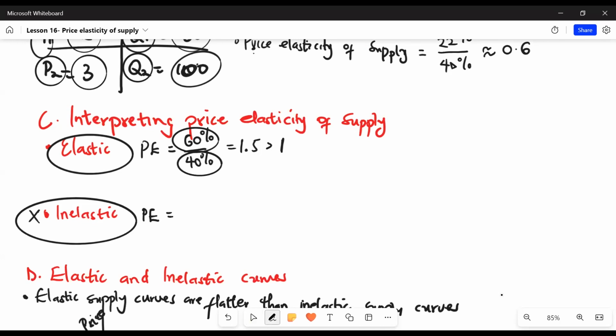So when you calculate this, you have something like 40% divided by 60%, which will give you approximately 0.7. This is less than 1. What this simply means is if price increases by a certain margin, producers are going to increase supply, but it will be less than the increase in price.